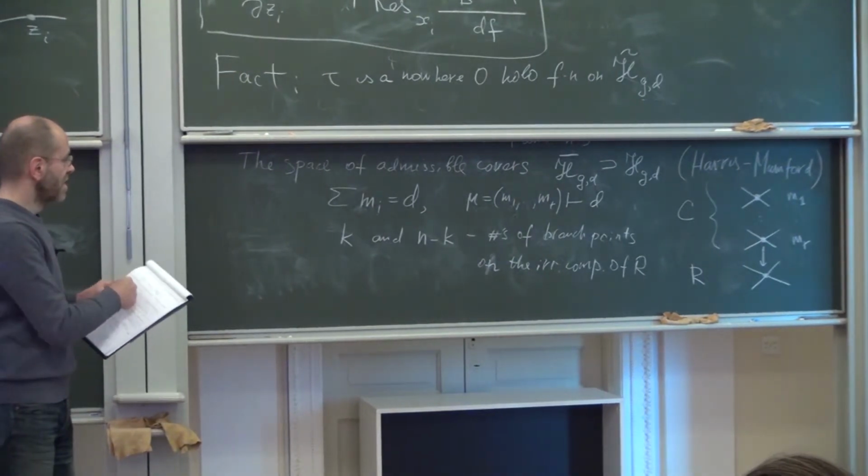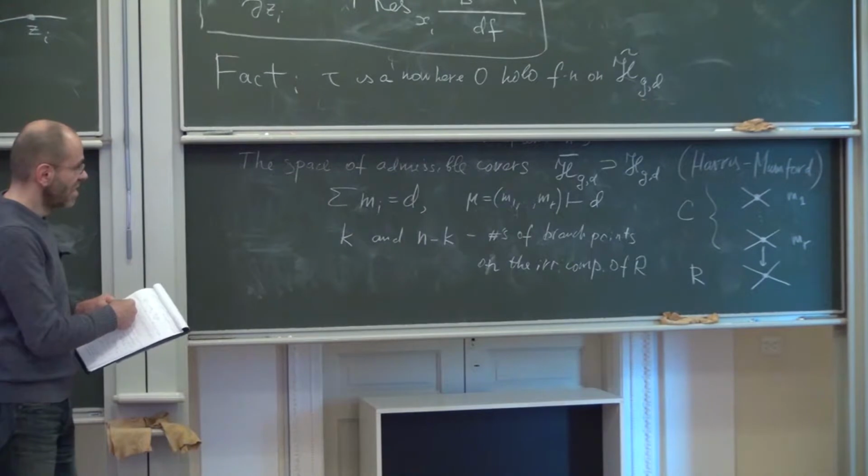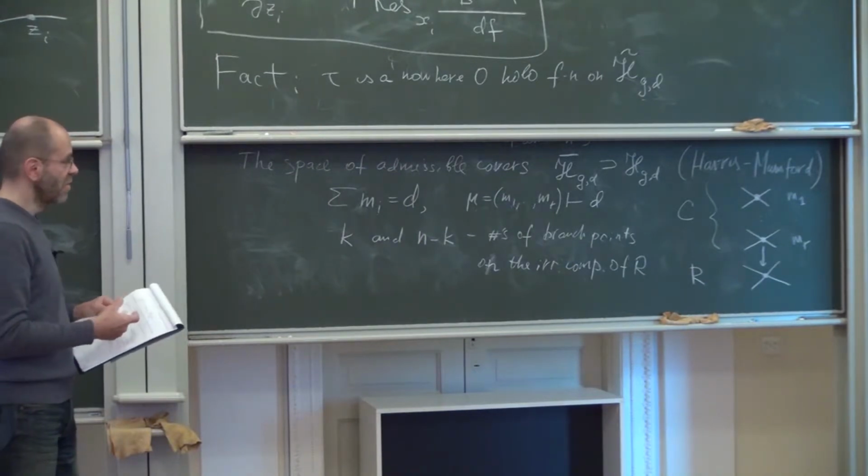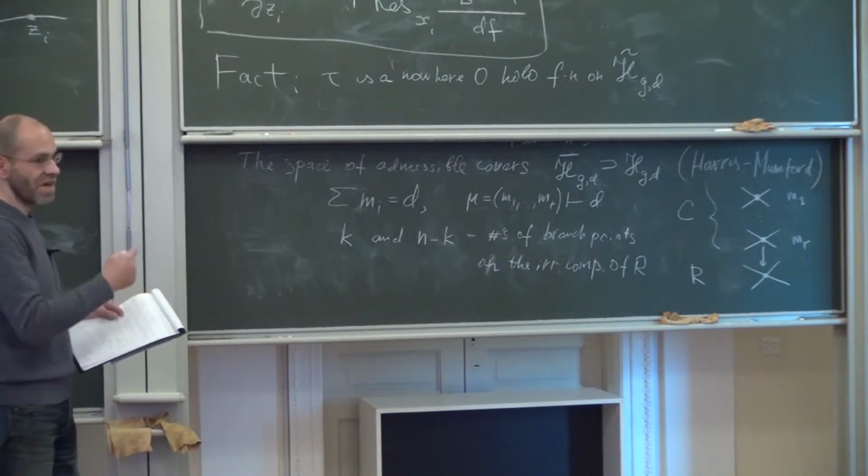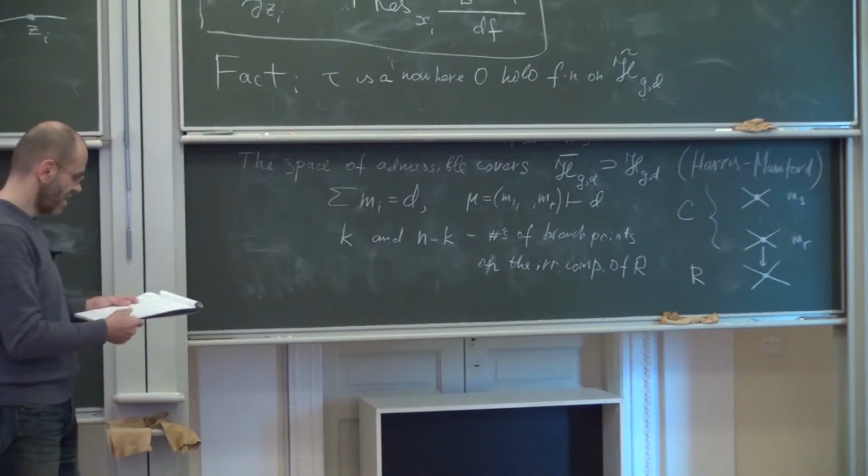So there are k critical values on one component and n minus k on the other component. So there are n of them together.